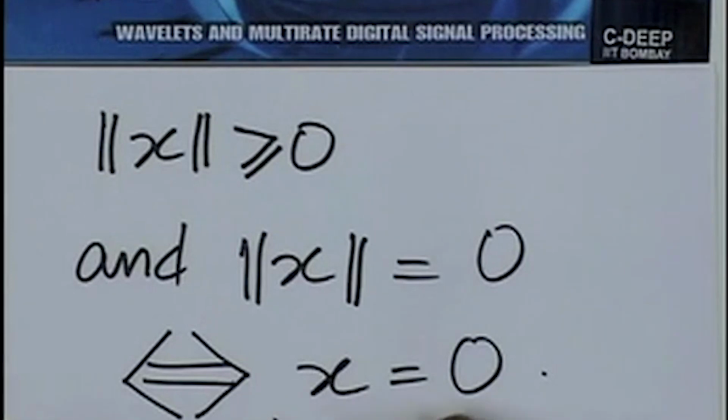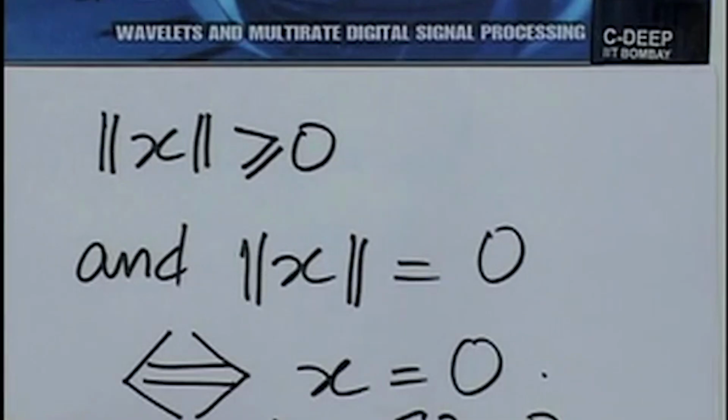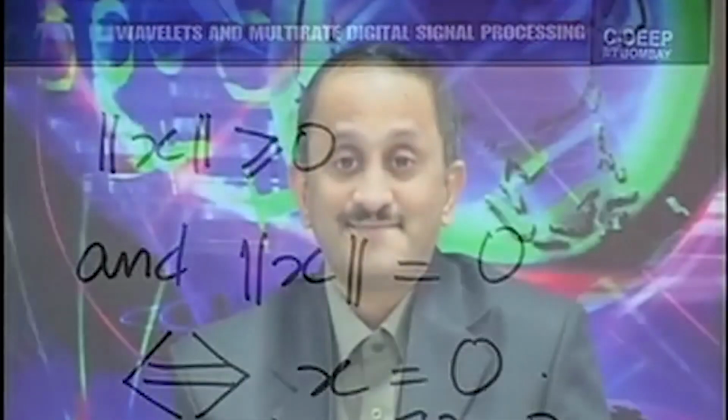That is, x of n is equal to 0 for all n belonging to the set of integers. This is important. So, we do not want that norm to be 0 unless the sequence itself is the 0 sequence. A non-zero sequence, even if it is non-zero at one point, must have a non-zero norm, and a 0 sequence must have a 0 norm.